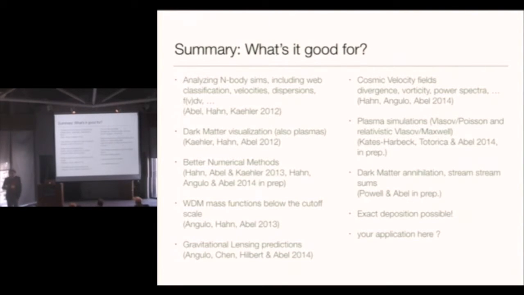I mean, this can be plasmas as well as our particular case of the cold dark matter scenario that we're working out. It helped us solve a 30-year-old problem where people had a hard time suppressing a pure numerical artifact where you had artificial fragmentation when you studied warm dark matter scenarios. It helps you to make gravitational lensing predictions from your simulations.